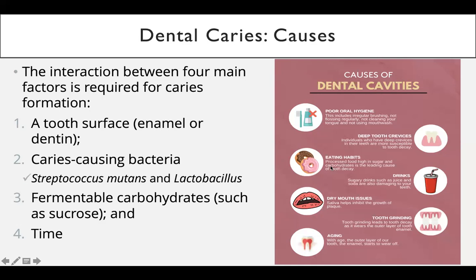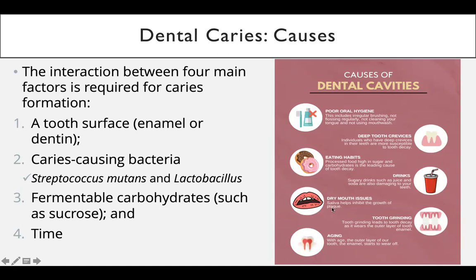Then we have bad eating habits, for example, processed food like bakery items high in sugar and carbs. Carbohydrates are a leading cause of tooth decay. Sugary drinks such as juice and soda are also damaging to your teeth because their pH is acidic, low. Dry mouth issues: saliva helps inhibit the growth of plaque.